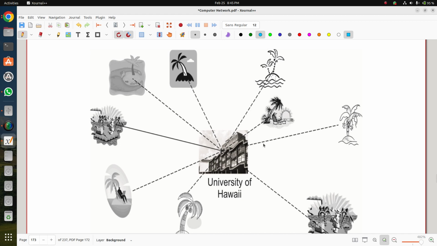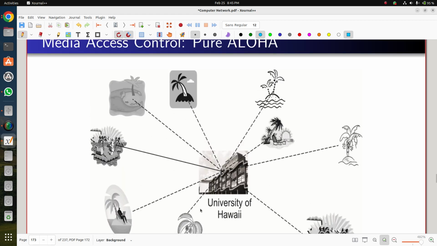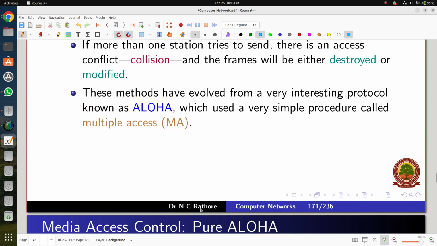The one solution that usually comes to mind is, why don't you lay cables? But you know that these are islands, so it was very difficult, almost impossible, or very costly at that time to have a link through water.